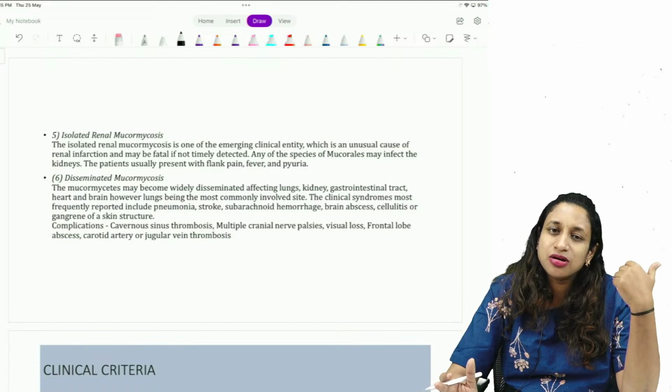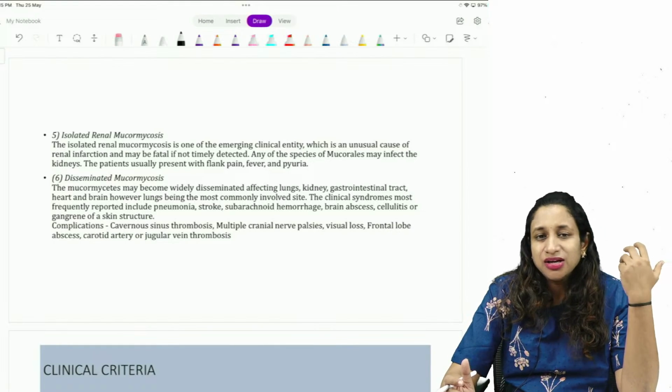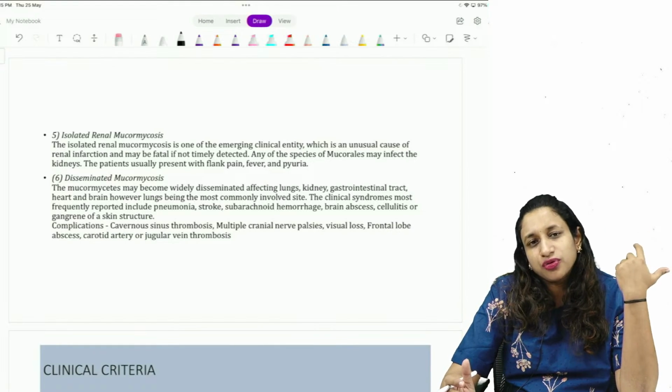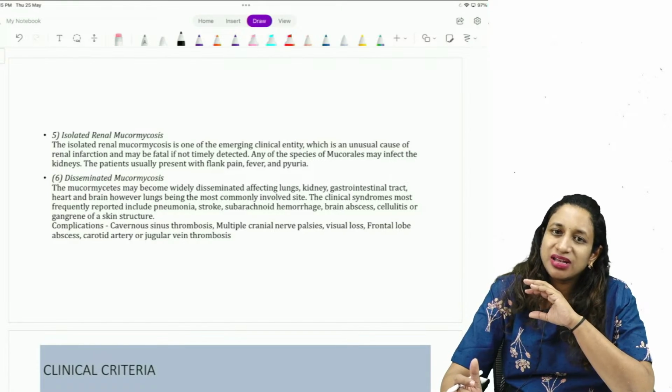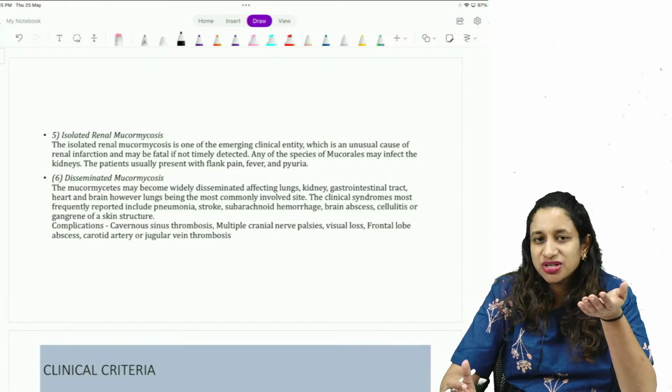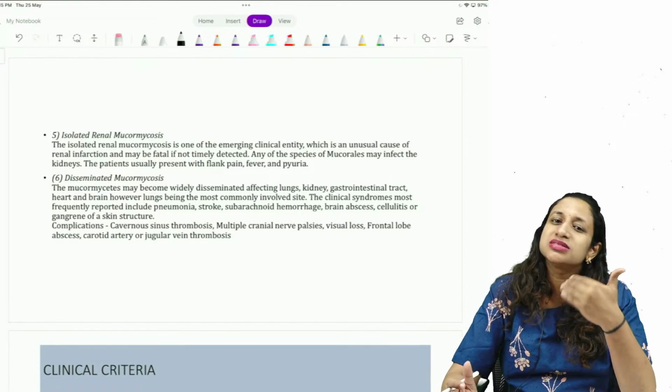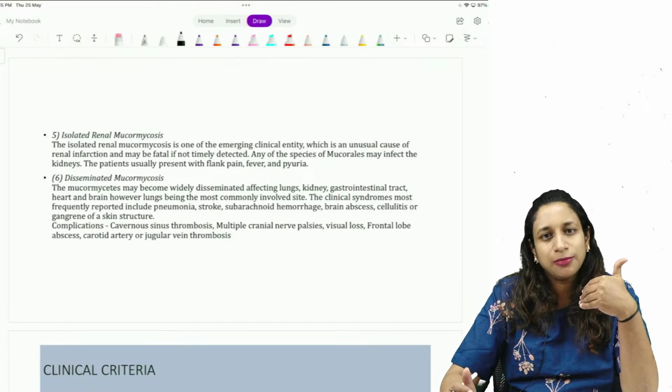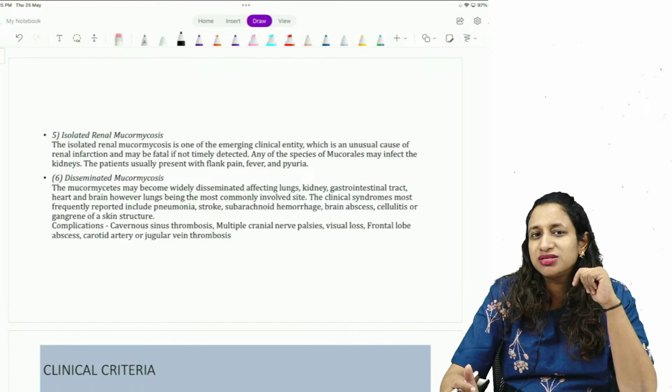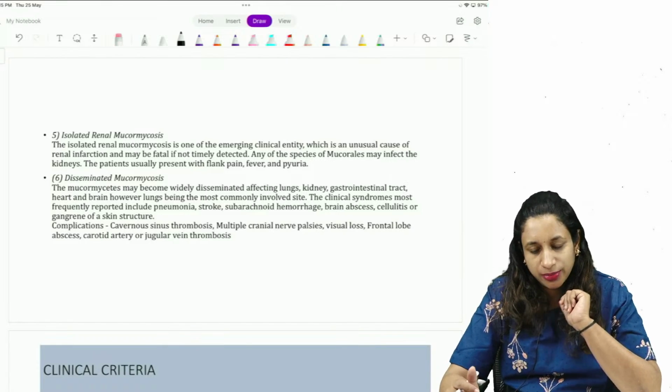So many a times they also present with nerve palsies. You can have abscess which involves the frontal lobe, all of which is very commonly seen when there is dissemination. Like I told you, a compromise in cell mediated immunity is what you have to keep in mind when we are talking about fungal infections, especially mucor.